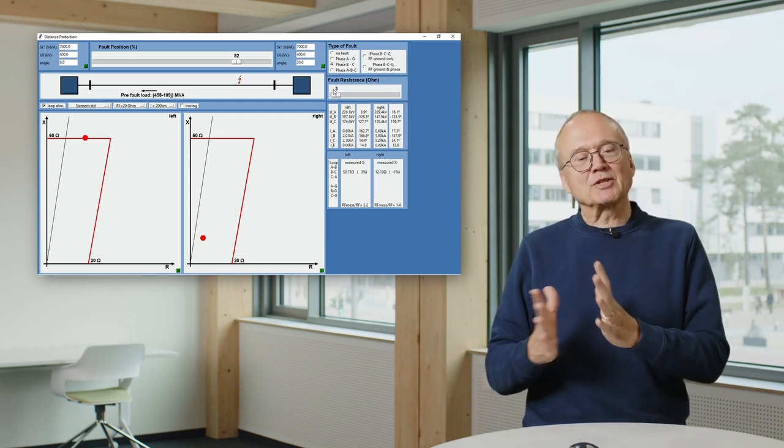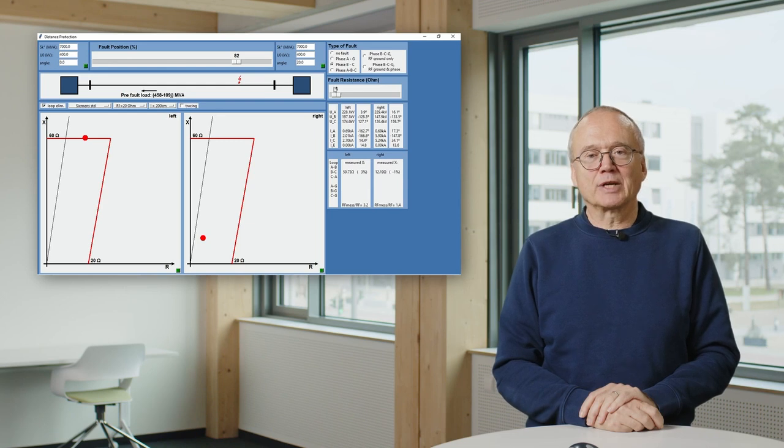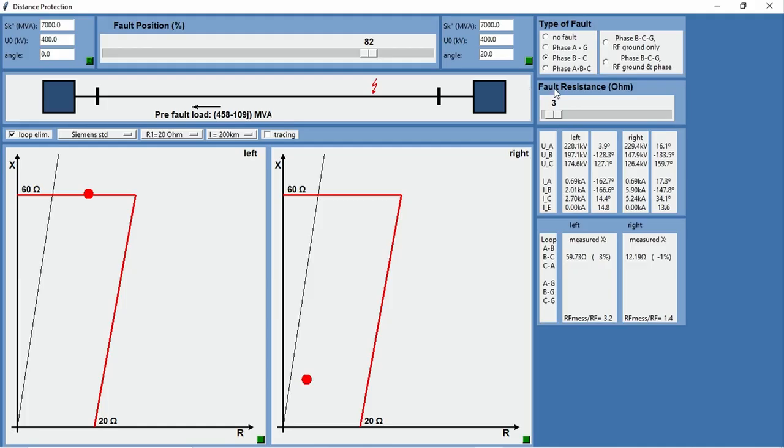That means we must consider that when doing the setting for the resistive reach. And if we have pre-fault load flow, we get this effect that the movement is no longer horizontal, but we move with a certain slope. Depending on the load flow direction, it goes either up or down.